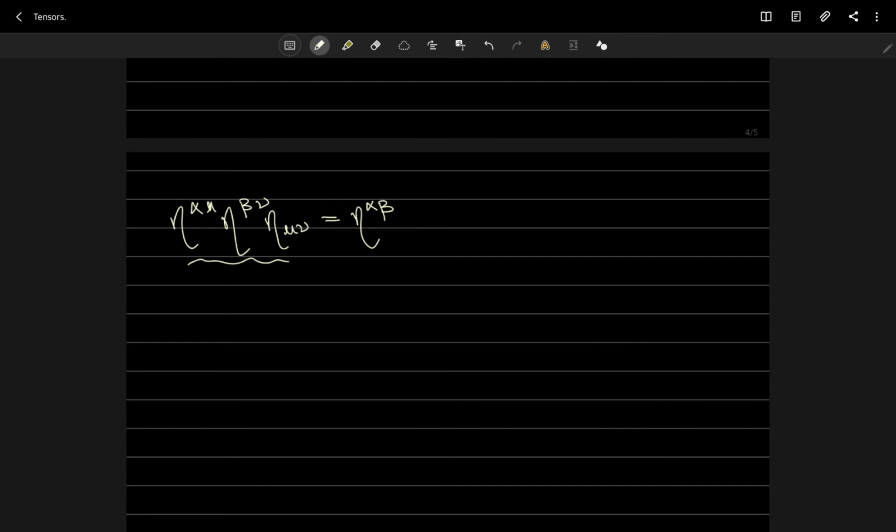You can see nu and nu will contract, and mu and mu will contract, and all you're left with is eta alpha beta. So that's how we get this.